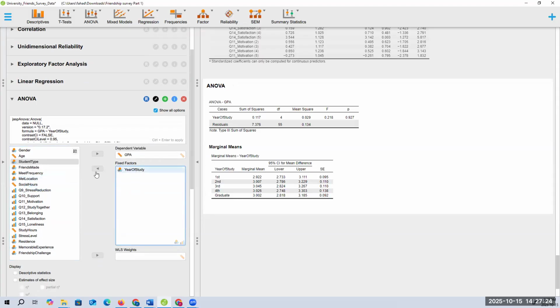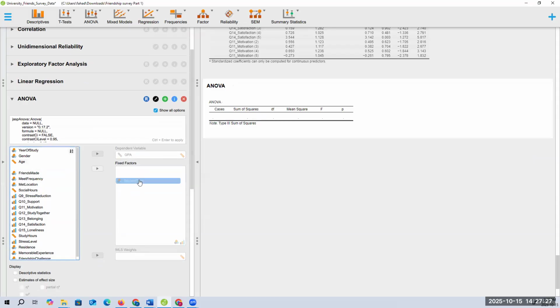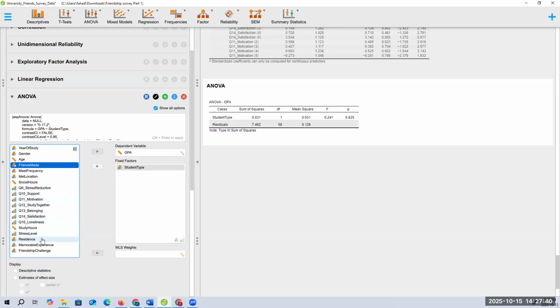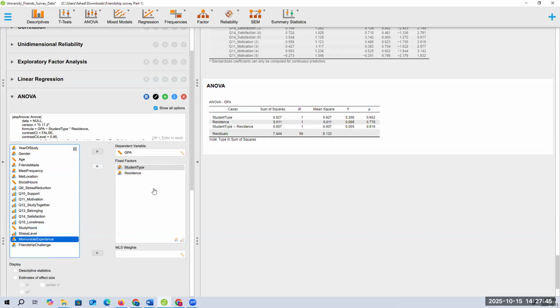Student type is also not significant, international versus domestic. Here I combined student type and residence, but there was no significant effect either. The survey doesn't seem to be providing much in the way of significant results.